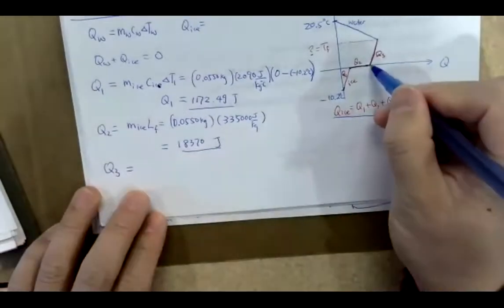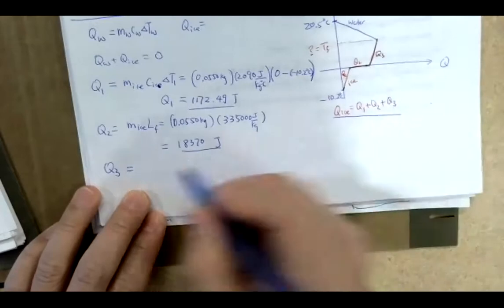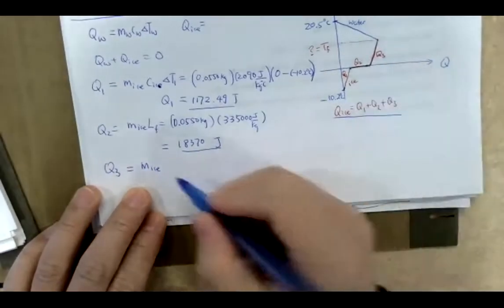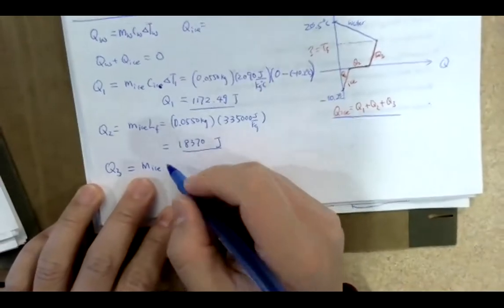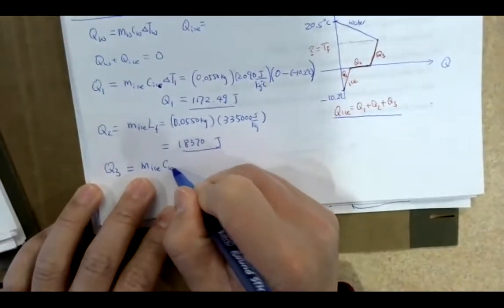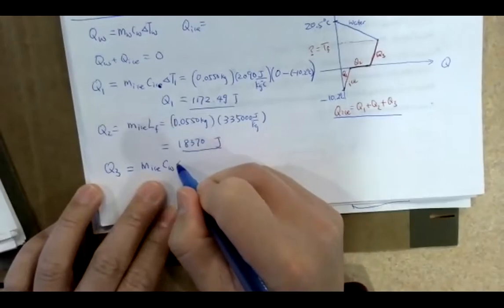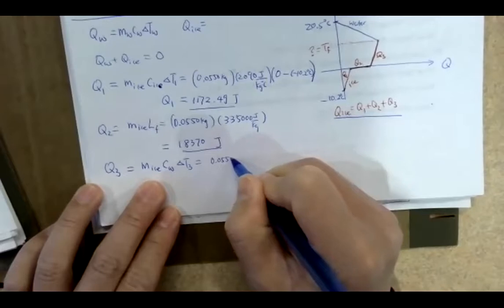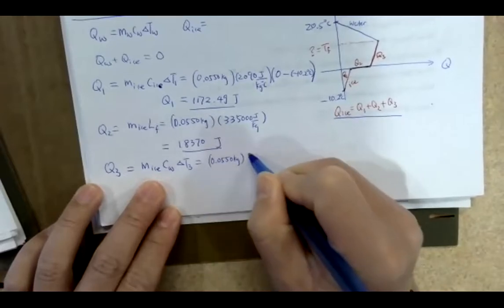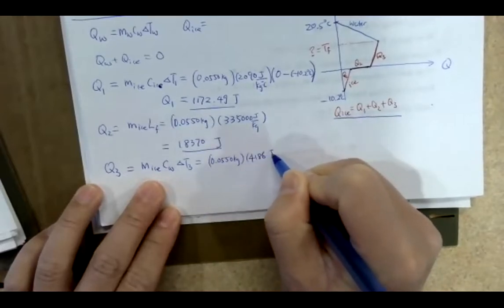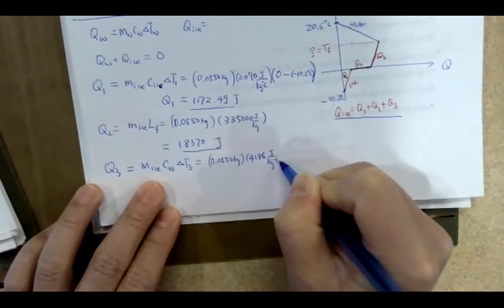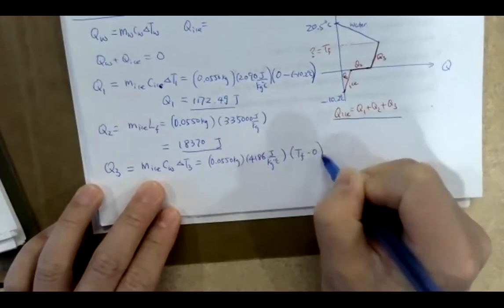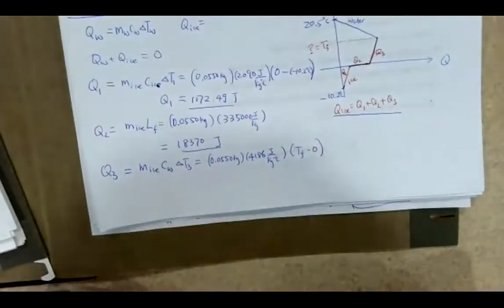Q3 is going to be from here to here, final temperature. So it's M of ice. Although it's water, it should have the mass of the ice initially. Now you should use C of water, delta T3. Okay, so 0.055 kilograms times 4186 times TF minus 0, basically.